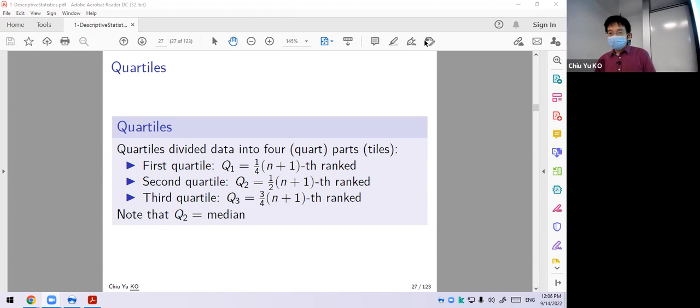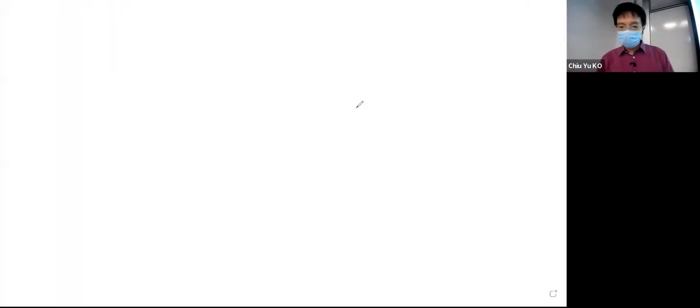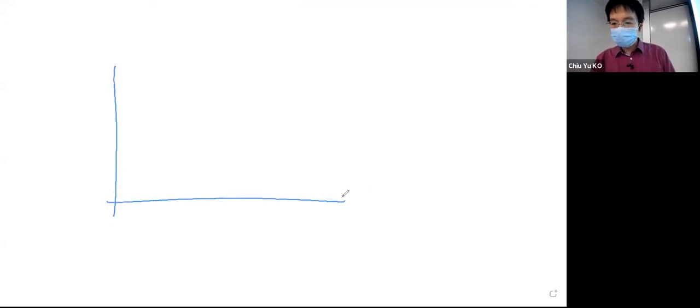Maybe I just draw it here to make things easier, right? What we learn is linear interpolation. Okay, this is i, this is x_i. Suppose this is 3, and this is 4, right?